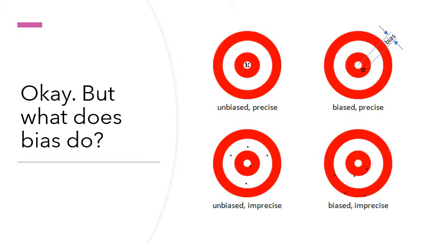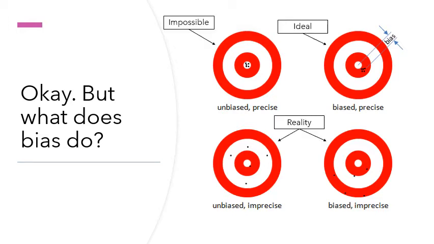So what I'd like us to know is that being unbiased and completely precise is pretty much impossible. We're ideally looking to have some bias because, like I said, we can't get rid of bias. It's completely impossible. However, we can try to be as precise as possible.